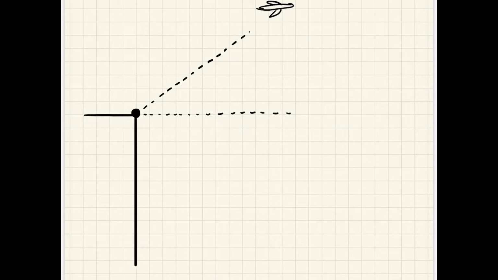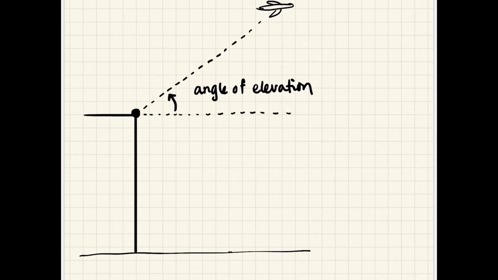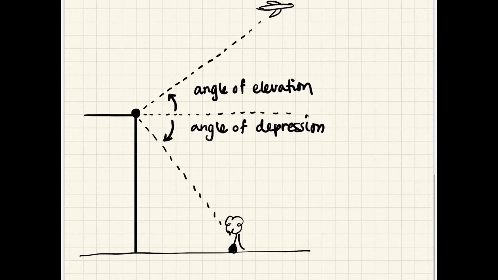You could describe the angle of elevation to that plane using this angle right here. You could also describe, say, a point on the ground below you. Let's say there's a tree or something, and you're trying to describe the angle down to the base of that tree. You would use something called an angle of depression for that. So the key is that angles of elevation and angles of depression are always read from the horizontal.